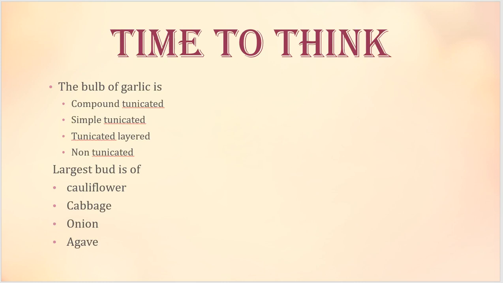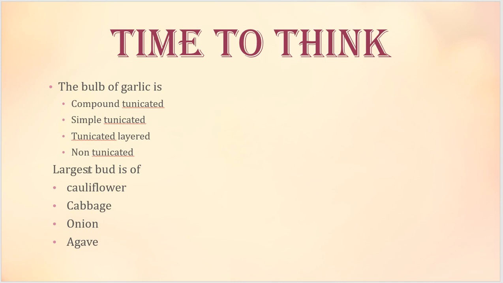And the third question, the bulb of garlic is. Is it a compound tunicated one or a simple tunicated one, or it's tunicated, layered or non-tunicated? I hope you can understand this. You can get this answer clearly.